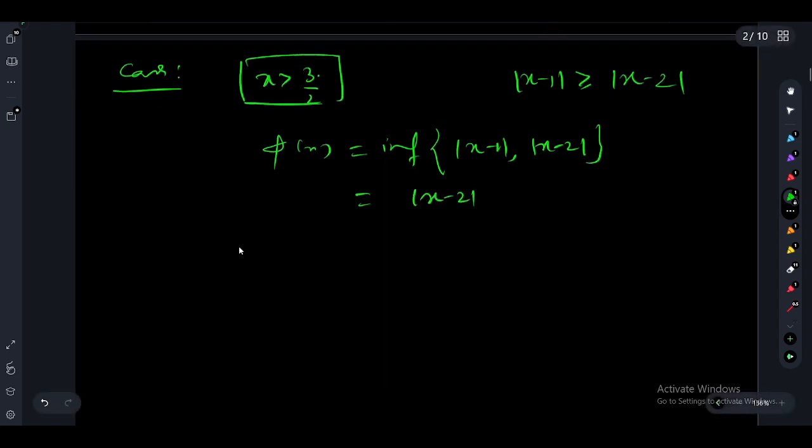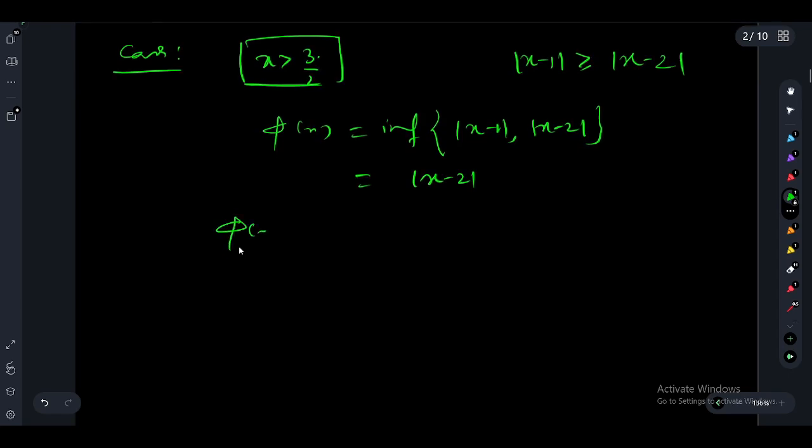So the given function phi(x) is |x minus 1| when x is less than or equal to 3/2, and |x minus 2| when x is greater than 3/2.